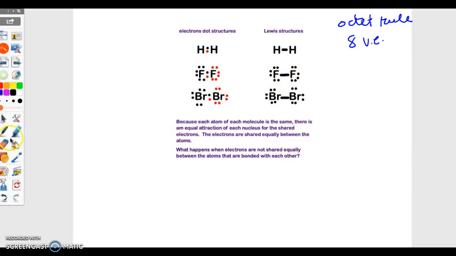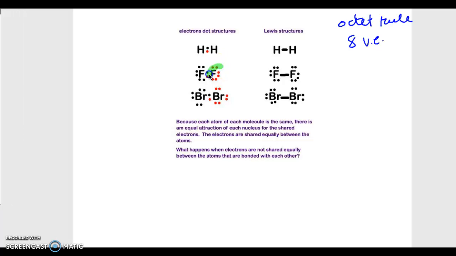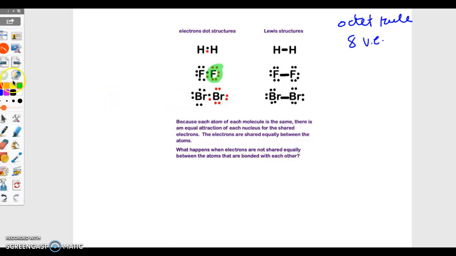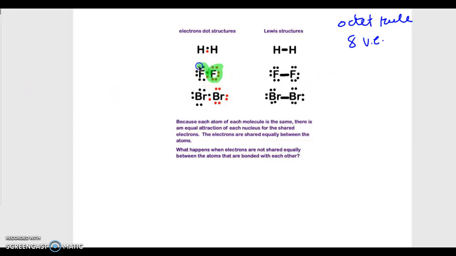If you look at fluorine, for example, in this F2 molecule, fluorine starts out with 7 when it's alone, but it forms a molecule with another fluorine so that it can have 8 valence electrons. So each fluorine starts out with 7, and then between them they share a pair so that they can have 8.